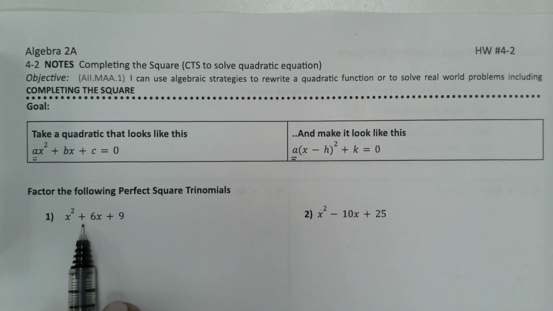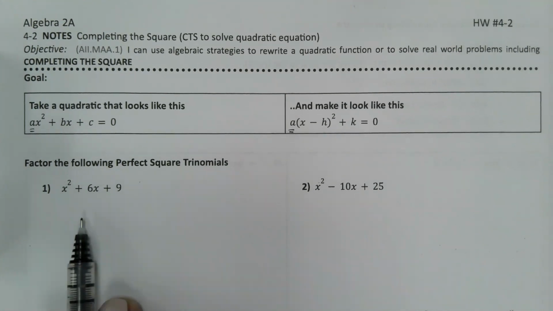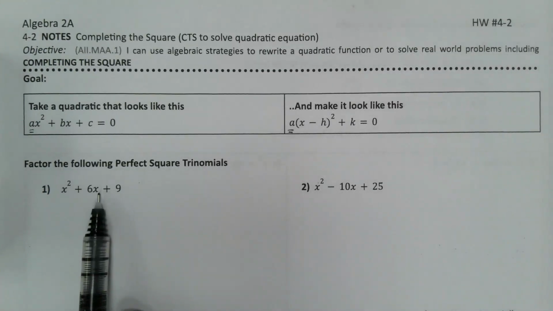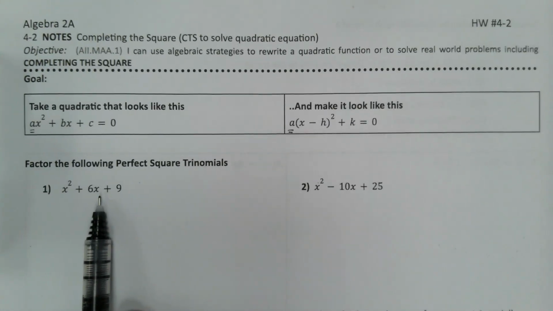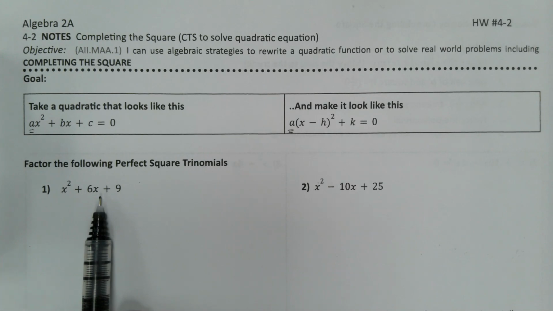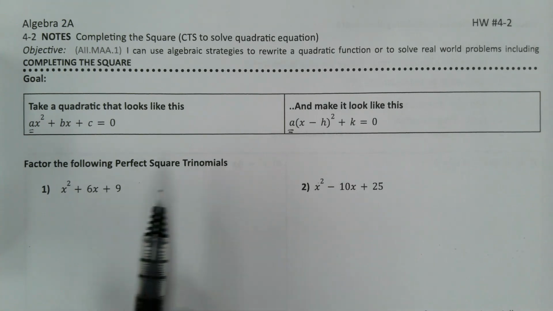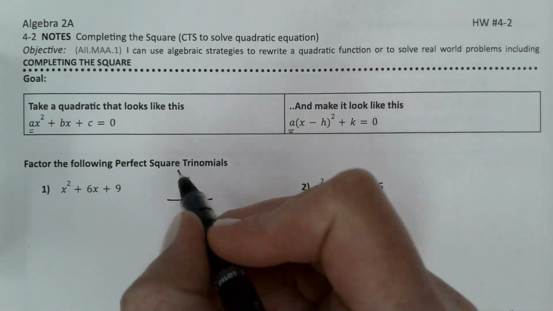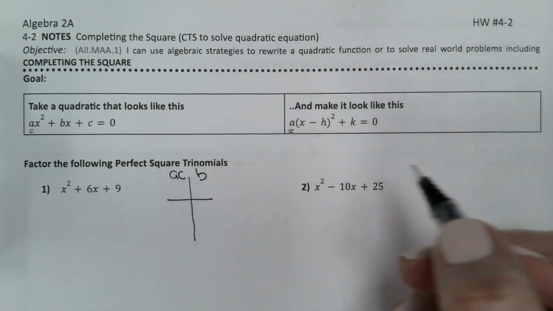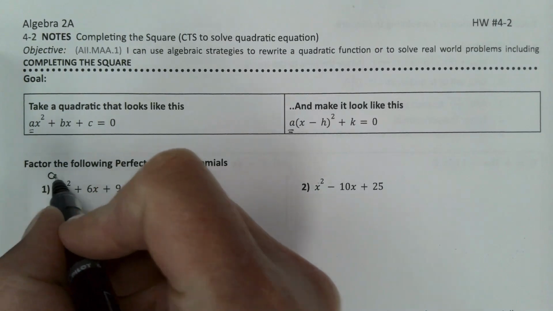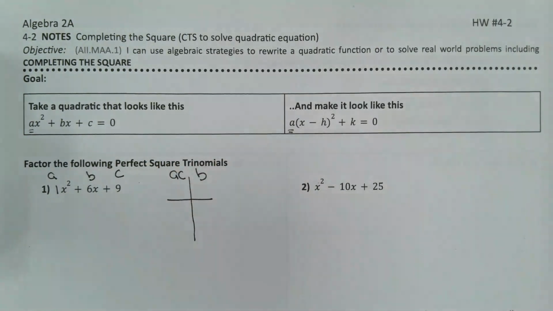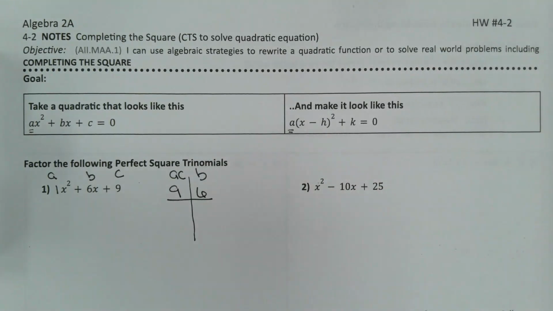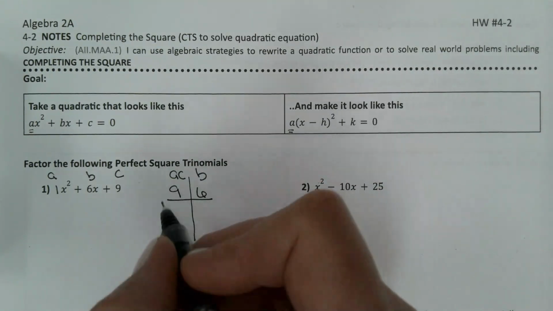So in order to do that, we have to take a quadratic in standard form, and we have to turn it into a perfect square trinomial. So when I do that, I'm going to make my ACB chart. So once again, there's my A, there's my B, and there's my C. So I need factors of 9 that add up to 6.